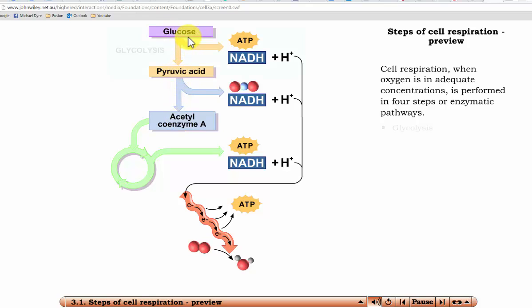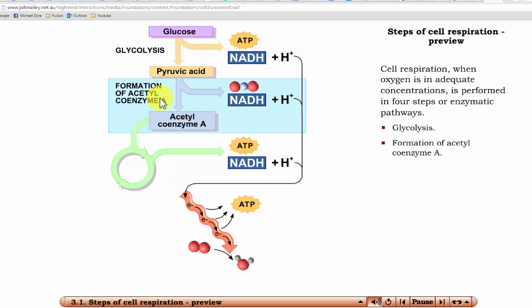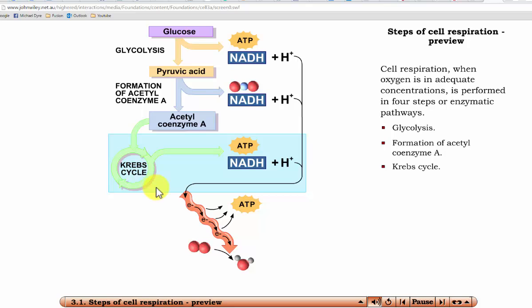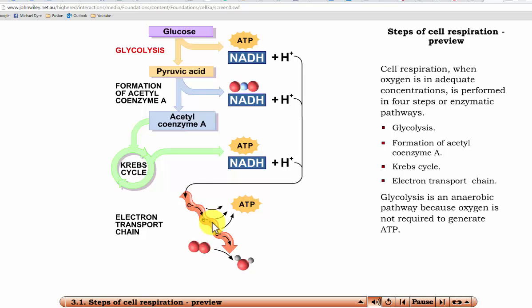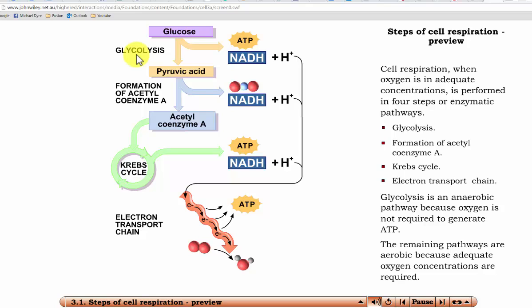These are glycolysis, formation of acetyl coenzyme A, the Krebs cycle, and the electron transport chain. Because glycolysis generates ATP in the absence of oxygen, it is considered an anaerobic pathway. To generate numerous ATP molecules, oxygen is needed. The remaining three pathways have varying concentrations of oxygen and are considered to be aerobic pathways.